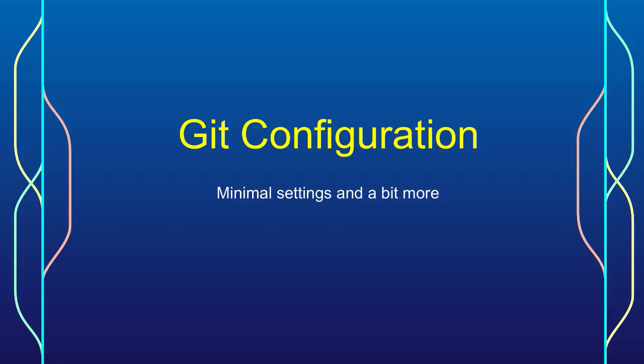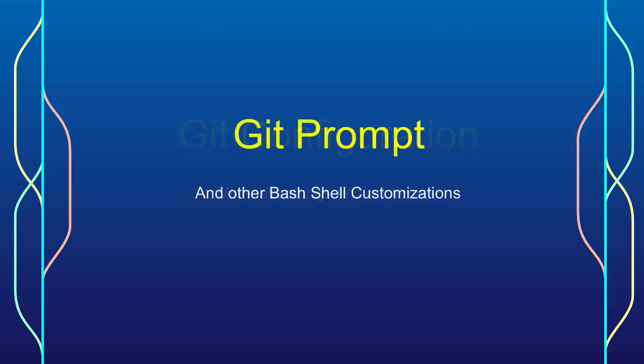Now that we have set up our Git configuration, we're ready for the last little bit. That is the Git Prompt script, and a few other tweaks, but mainly the Git Prompt script that we want to set up. The benefit here is that when we're inside a Git repository, I want it to show which branch I'm on within the prompt.